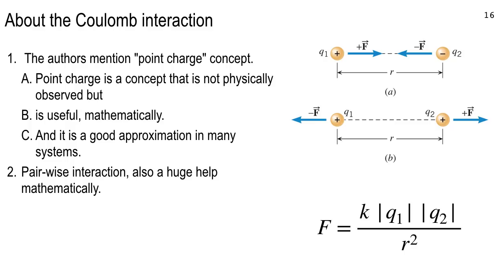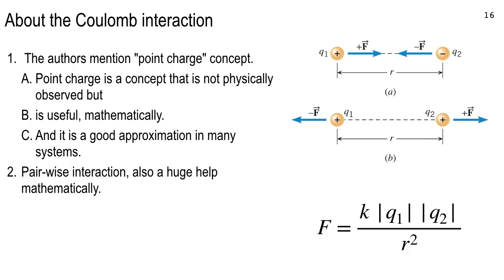And it's a huge help because we can analyze an array of several charges by looking at separate pairs. So if you have three charges, and you care about charge number 1 over here at the origin, and you have a charge up here, and then another charge up here, you analyze this pair and figure out the net force on this guy.